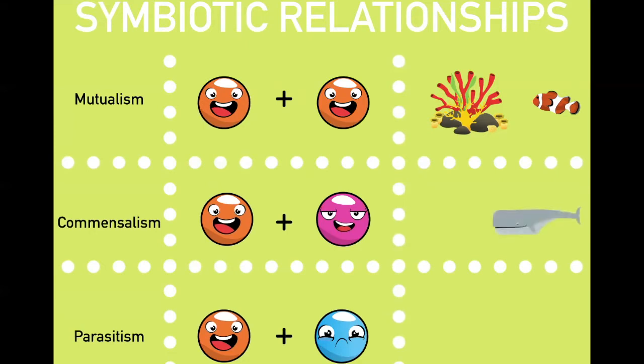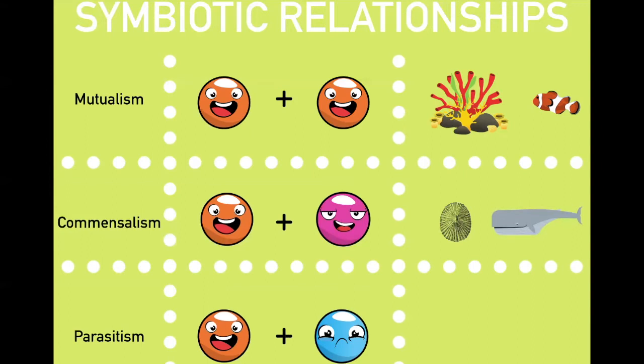For commensalism, we have a whale and a barnacle. Now remember, one of these is happy and benefiting. The other is like, I'm okay, but if you're not there, I don't really care. If you're there, I don't care either.